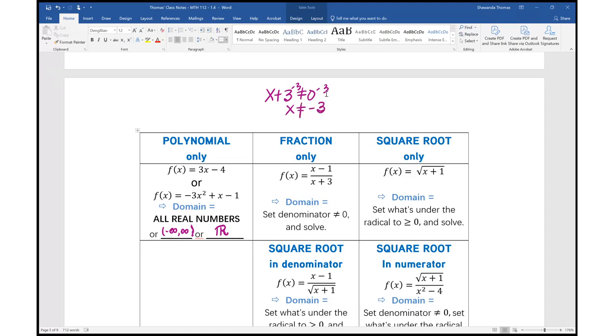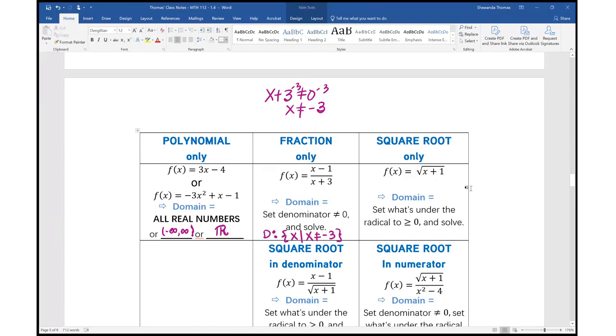And again, choose one of the 3 ways I've taught you to write the domain. So for example, one way could be set builder notation. Braces x such that x cannot equal negative 3. That is the domain. Let's go to square root only. f of x equals the square root of x plus 1.